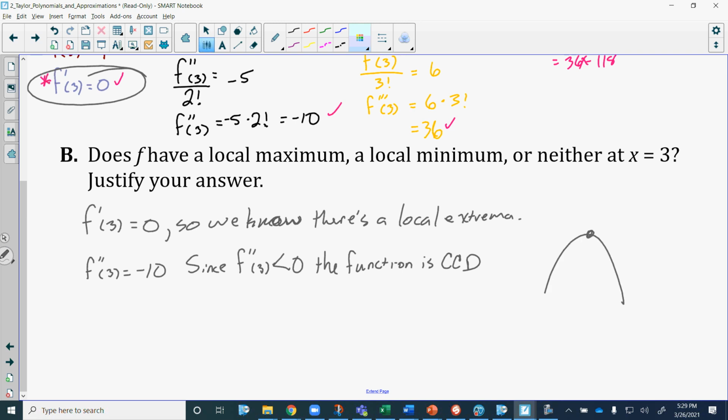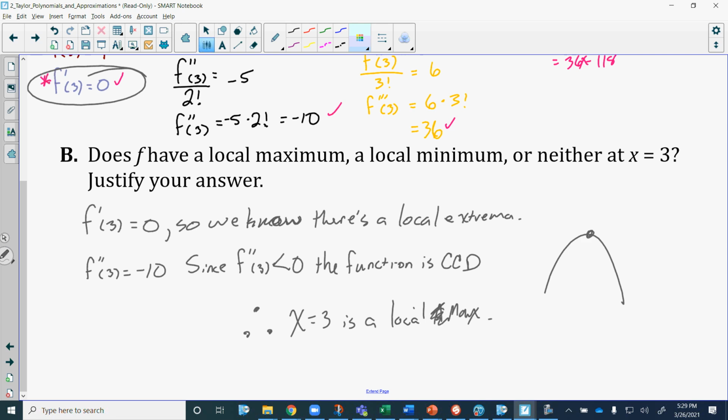So based off of those two conclusions, I'm going to say x equals 3 is a local maximum. Okay? So we're at the end of the material, basically, for calculus, but we're having to make sure that we remember that information from so long ago.